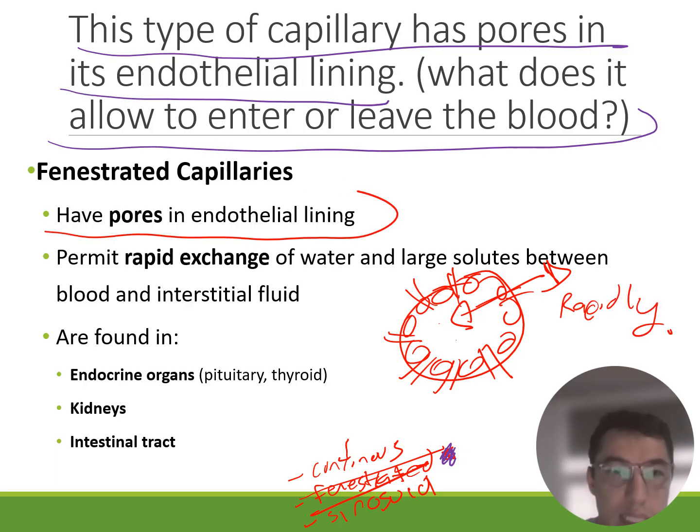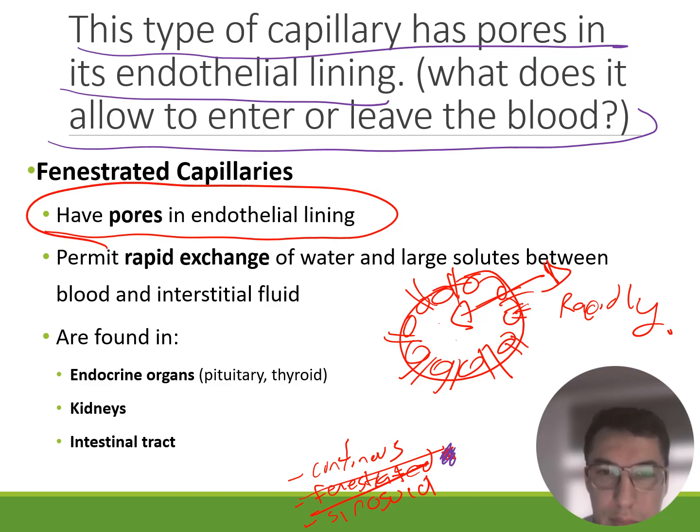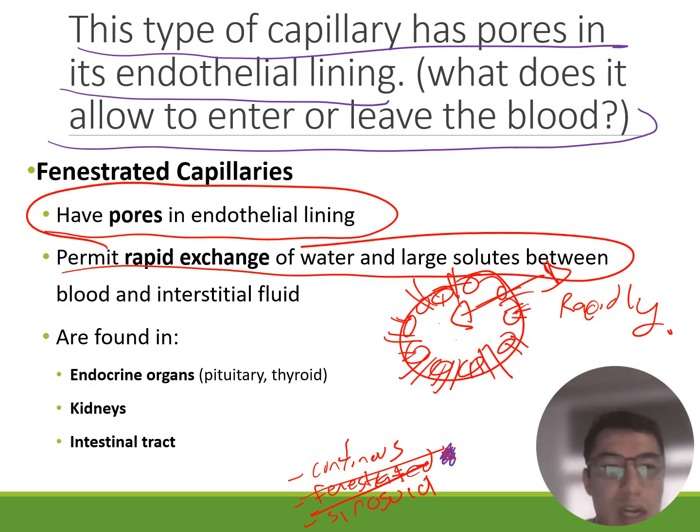So these pores in the endothelial lining are like holes in the cells. Okay, through. It doesn't have to be in between, it can be through. They permit rapid exchange of large molecules.